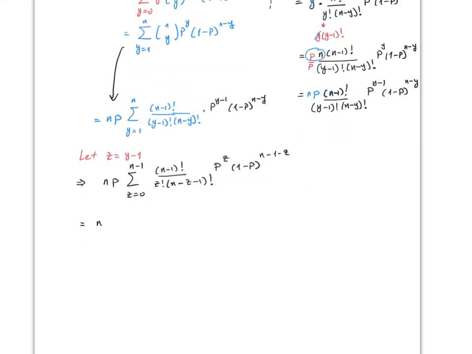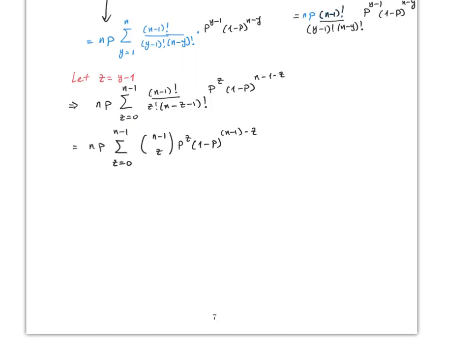This equals np times the sum from z equals 0 to n minus 1 of n minus 1 choose z, p to the z, and then 1 minus p to the n minus 1 minus z. Now by the definition of the binomial random variable, this sum equals 1. So therefore this equals np.